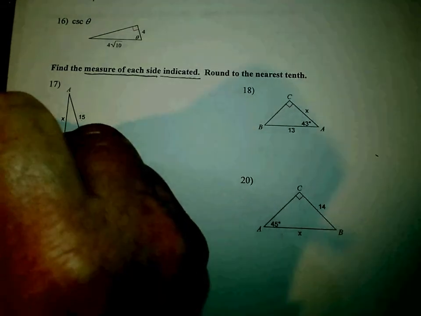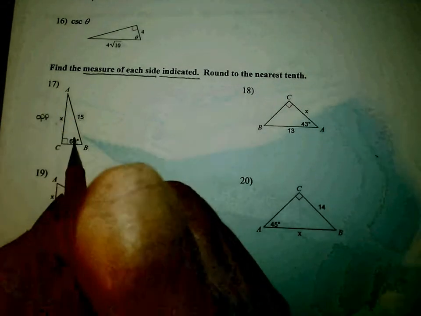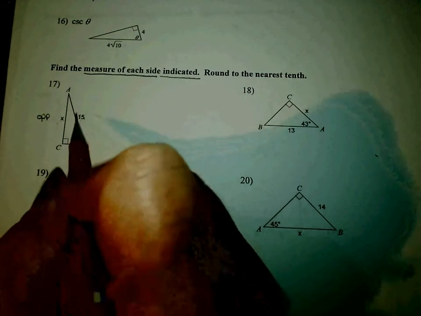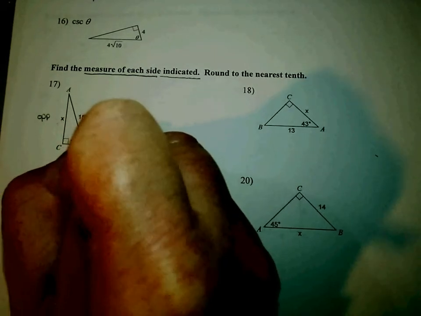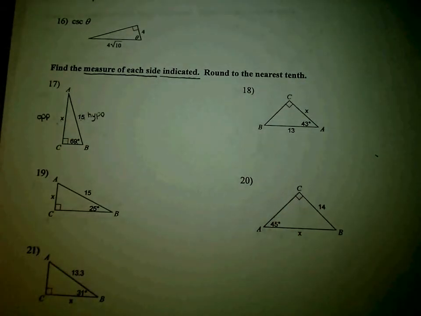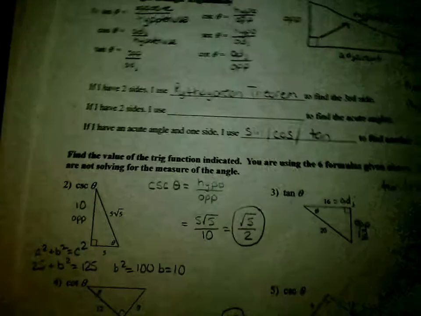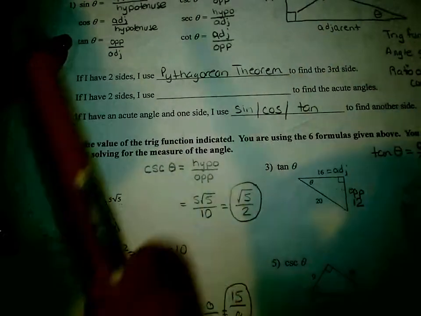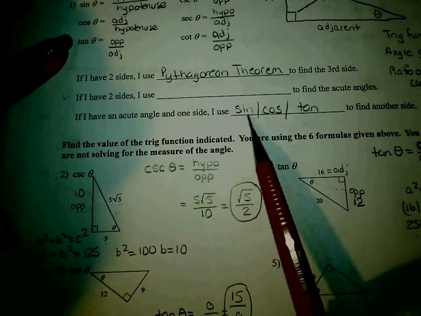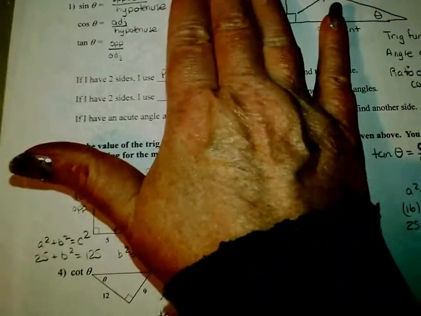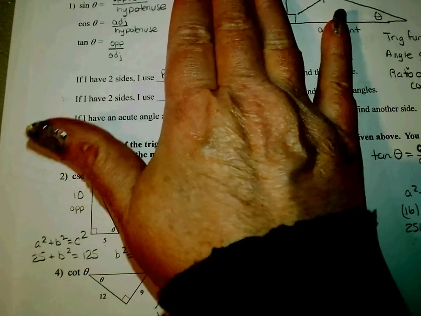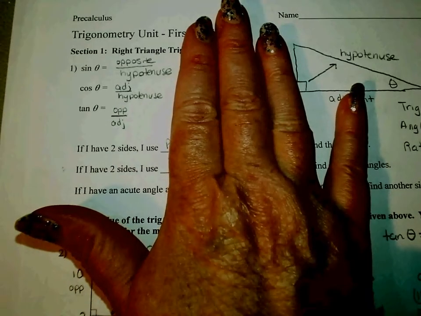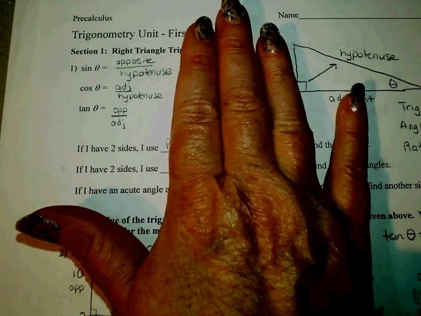That one is the opposite. And this one's across from the 90, so it must be the hypotenuse. Opposite and hypotenuse. Look back at your three formulas. On this side, we're only going to use sine, cosine, or tangent. So which of these three has opposite and hypotenuse? Well, obviously it's the top one, sine.